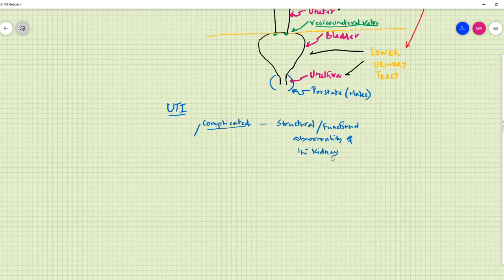So if there is any functional abnormality of the kidney along with a urinary tract infection, we call it a complicated urinary tract infection.